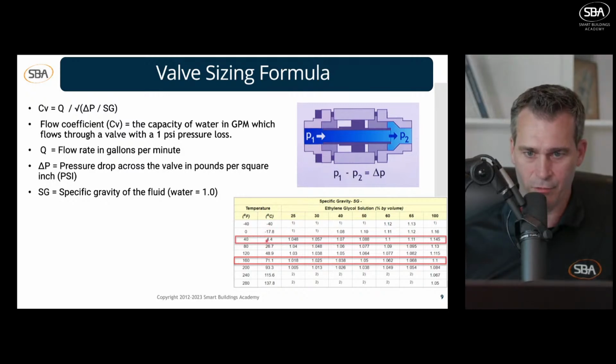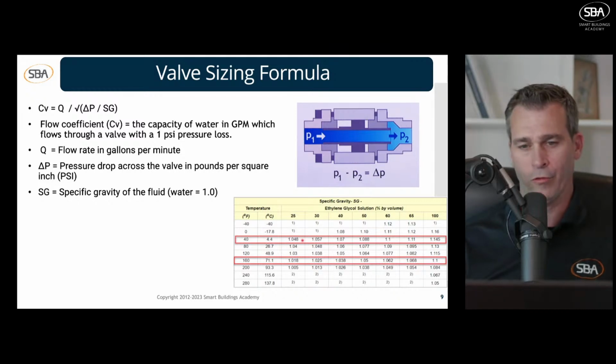So for example, if we're looking at 40-degree water, if this is maybe on a chill water system, and we have a 25% glycol mix, that's going to be around 1.048. So that's very close to 1. So usually in our business, whenever we're doing valve sizing, we usually just use 1.